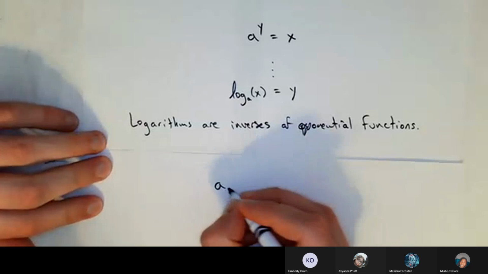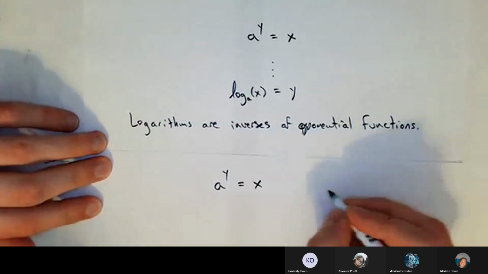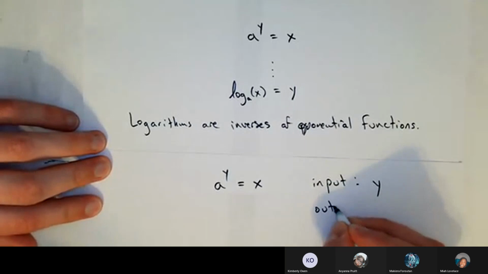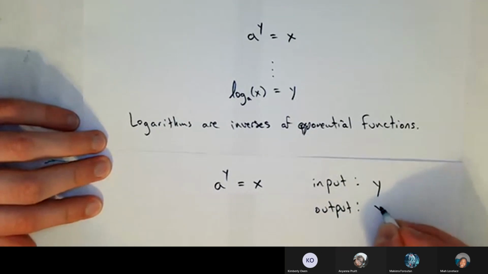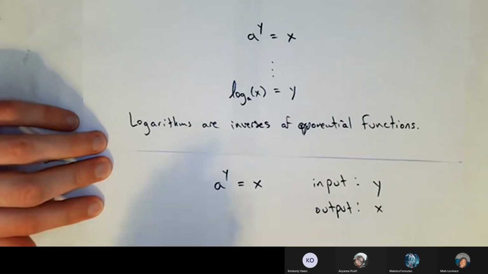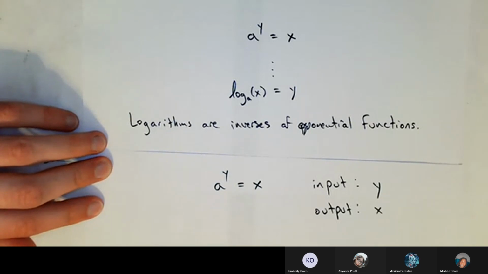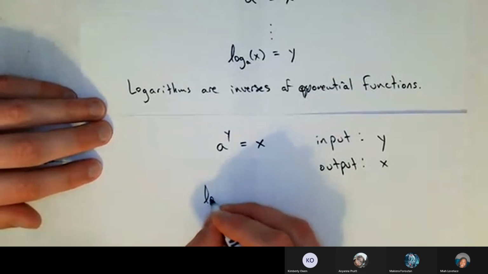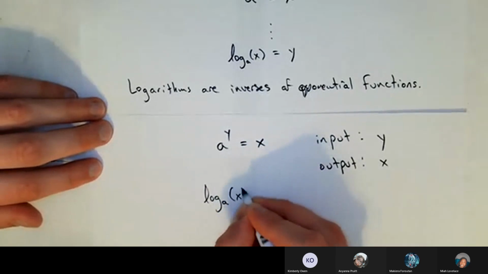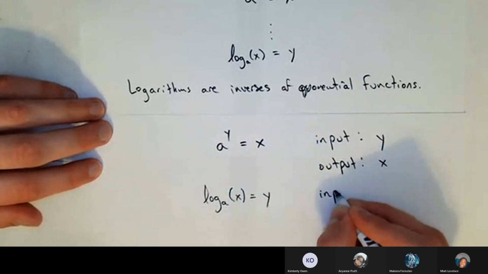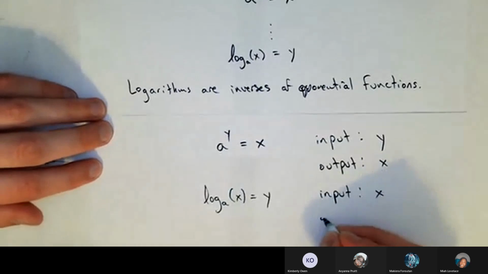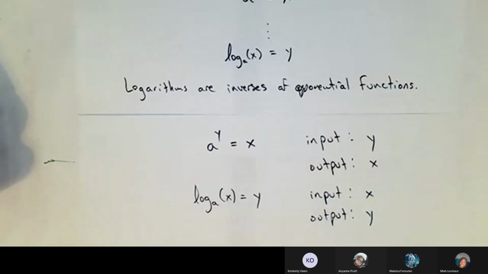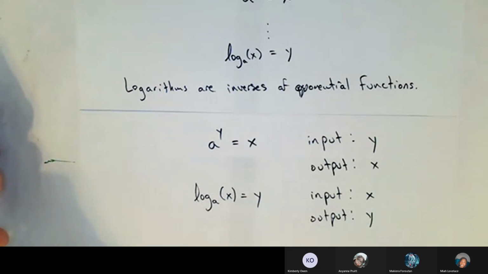So if I say a to the y is equal to x, then the input is y and the output is x, right? I'm inputting a y into this and it's outputting an x. The log base a of x equals y. Now the input is x and the output is y.